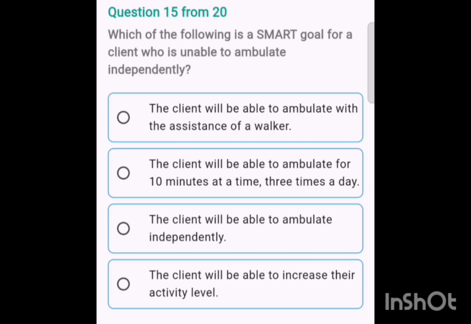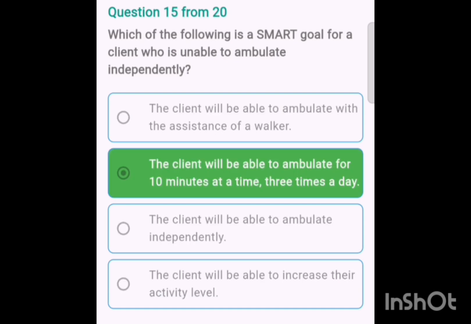Options are: the client will be able to ambulate with the assistance of a walker; the client will be able to ambulate for 10 minutes at a time, 3 times a day; the client will be able to ambulate independently; the client will be able to increase their activity level. The correct option is option B: the client will be able to ambulate for 10 minutes at a time, 3 times a day.